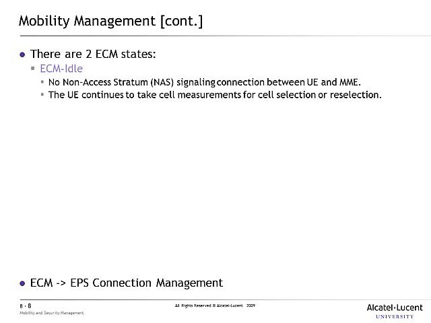you are initially in the idle state, okay, and when you have an idle state, there is no signaling connection between the UE and the MME, so you can't perform any signaling, but the UE continues to take measurements within the cell, and it continues to do this cell selection and reselection procedure, whereby the UE always tries to select the best cell to camp on, waiting for things to happen.